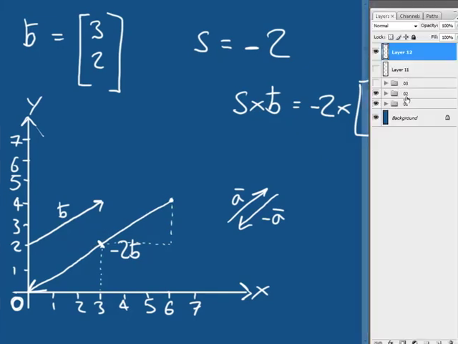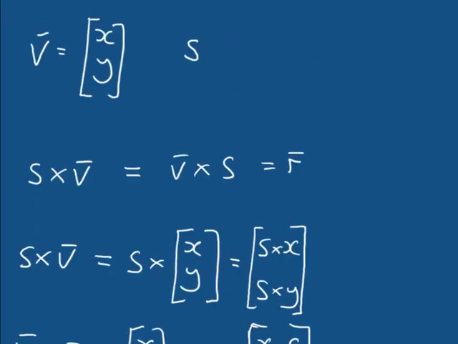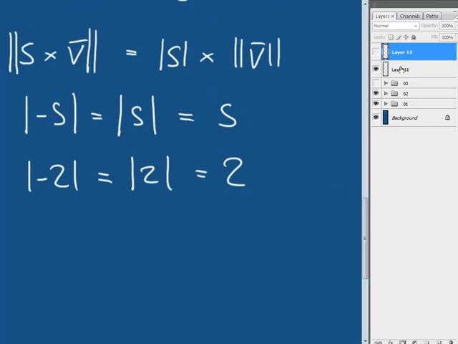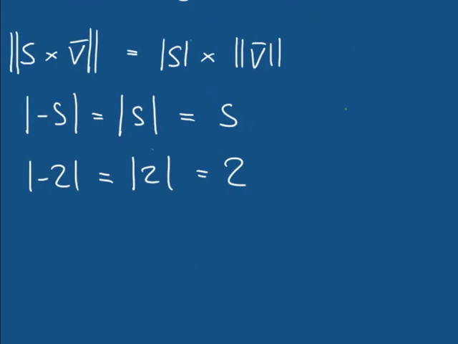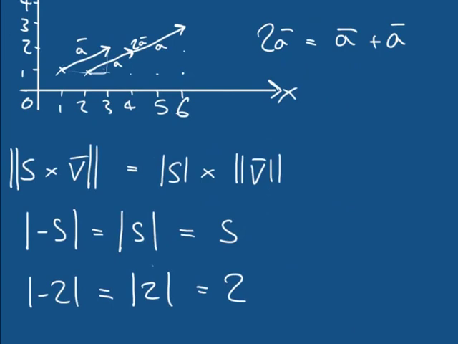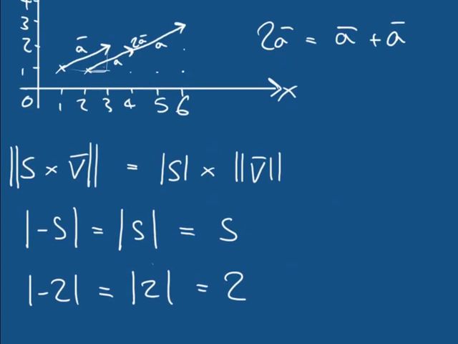So this comes back to why I wanted to take the absolute value of our scalar. And that's because you saw when we had a -2 as our scale factor, the length wasn't scaled by -2, it wasn't a negative length, it's still a positive length, it was twice as long.